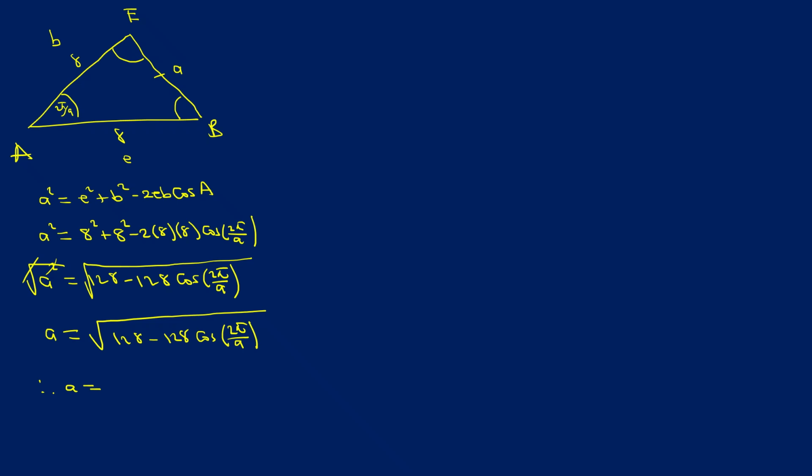You're going to say square root of, open brackets, you're going to say 128 minus 128, then you press cos, introduce another bracket there. You type in 2 pi divided by 9, close brackets and close brackets again. Then from there, you are going to obtain the solution and press your equals.